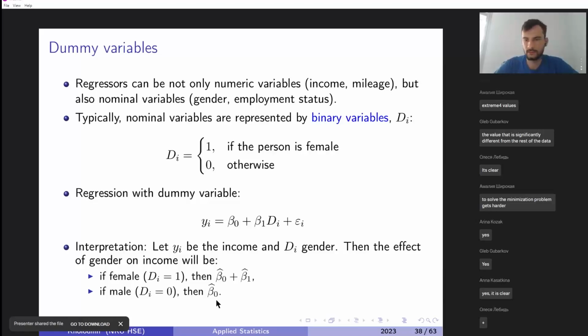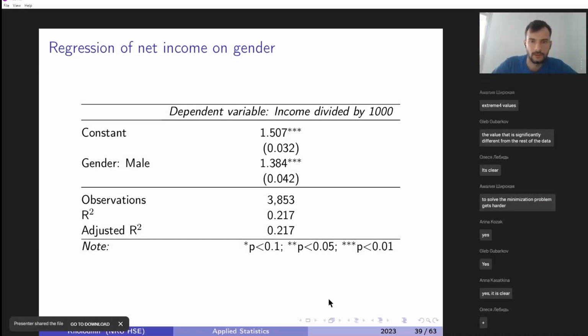That's how it works. I think it's easy to understand. And then I think the next slide is about another example of the model and how the dummy variable gender works. We already observed this on previous slides.